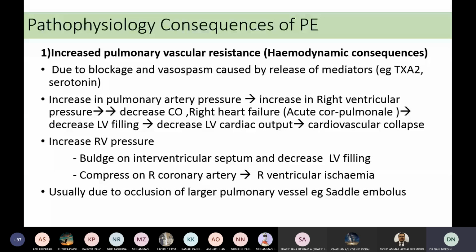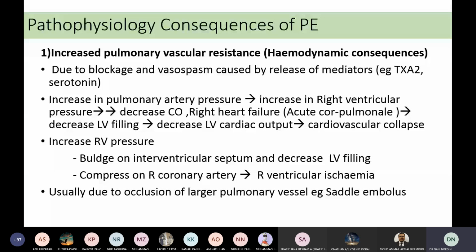First, because of the blockage, and bear in mind this blockage in itself is not just a blockage, there will also be release of mediators like thromboxane A2 and serotonin, which will further cause vasospasm.